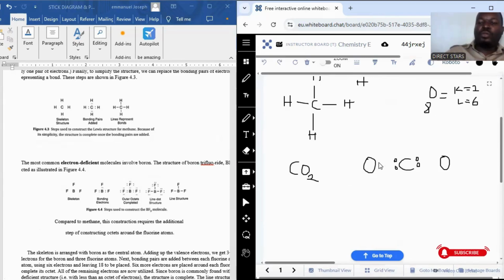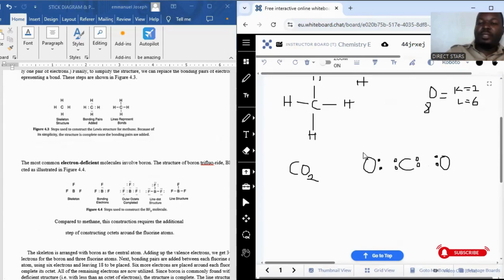So what we're going to do is make provision like this. Place 2 facing this carbon so that they can pair. Do you understand? And then we place 2 again here so that they can pair with the ones provided by the carbon.